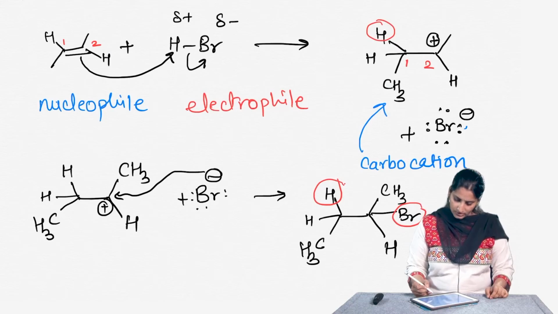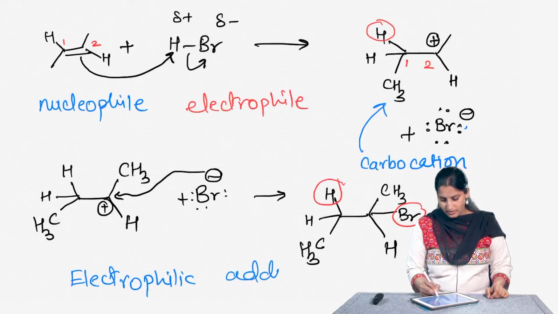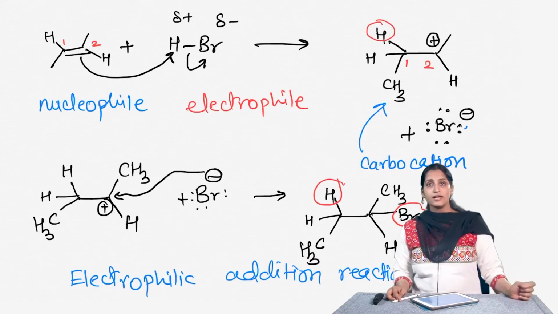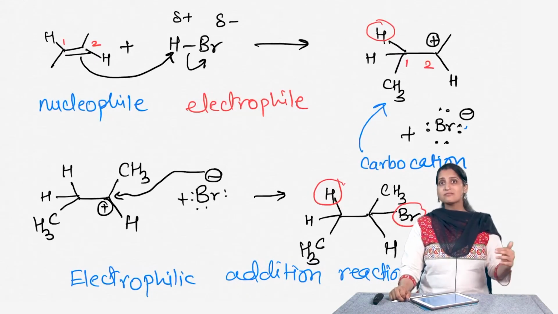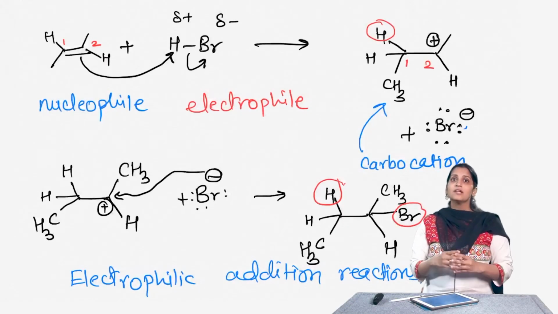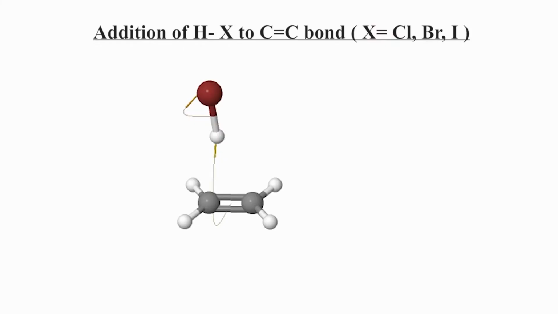So, we are going to call this as electrophilic addition reactions. And remember that we have added HBr right now, but HCl reacts the same way, HI reacts the same way, H3O plus will react the same way. So, really addition of any acid will really be termed as an electrophilic addition reaction with the alkene. So, now we will look at the animation of this reaction.